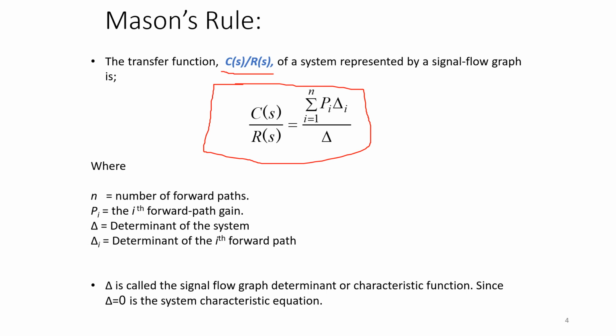Delta is called the signal flow graph determinant or characteristic function, since delta equal to 0 is the characteristic equation for the system.